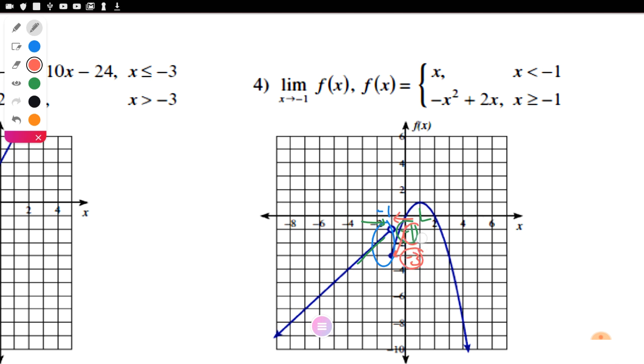So the behavior from left is not like the behavior from right. That is why it does not exist. But the others, they understand well. If the curve of the function has a jump, as you see here, I have one from left, one from right. Look, your fingers go to different points.